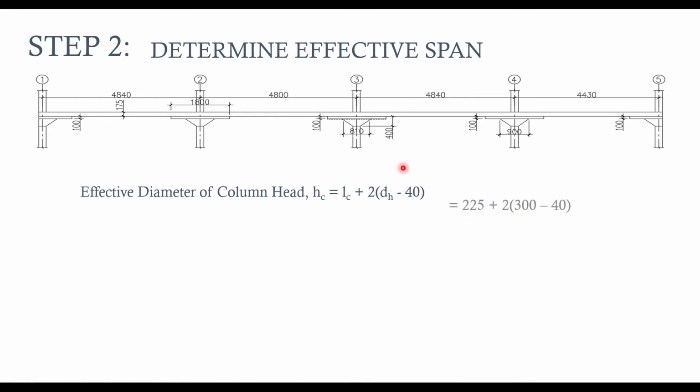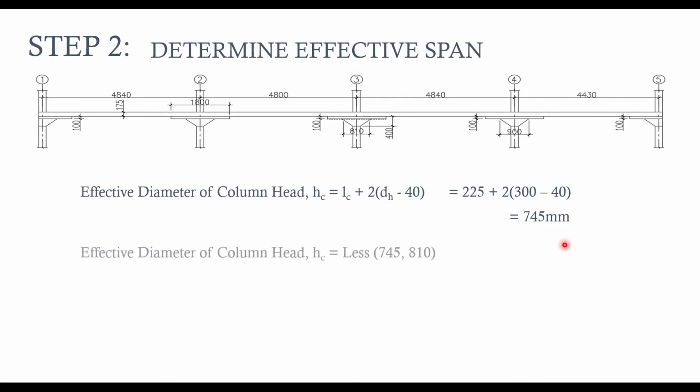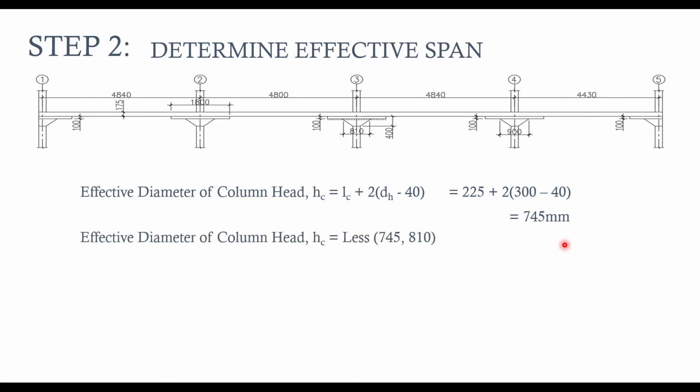If you substitute all that, LC of 225, DH of 300, you are going to end up with an effective diameter of your column head of 745 millimeters. Based on the code, the effective diameter is given as the lesser between this calculated value and the actual dimension measured.